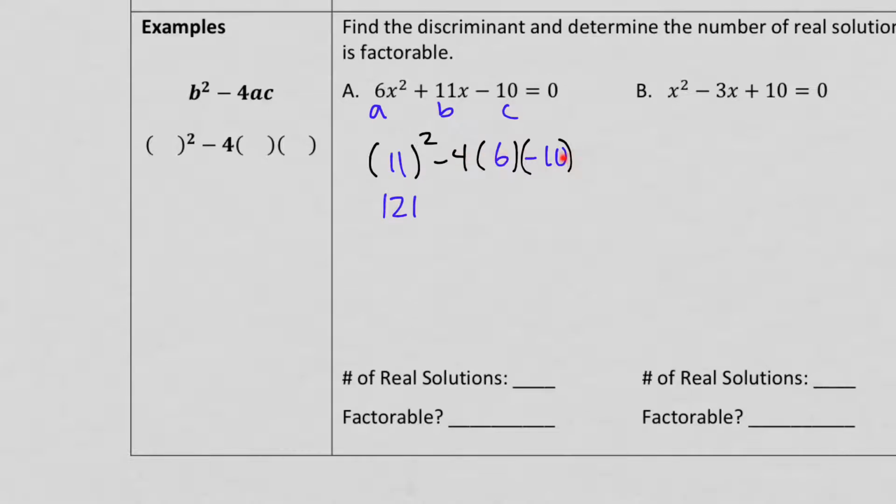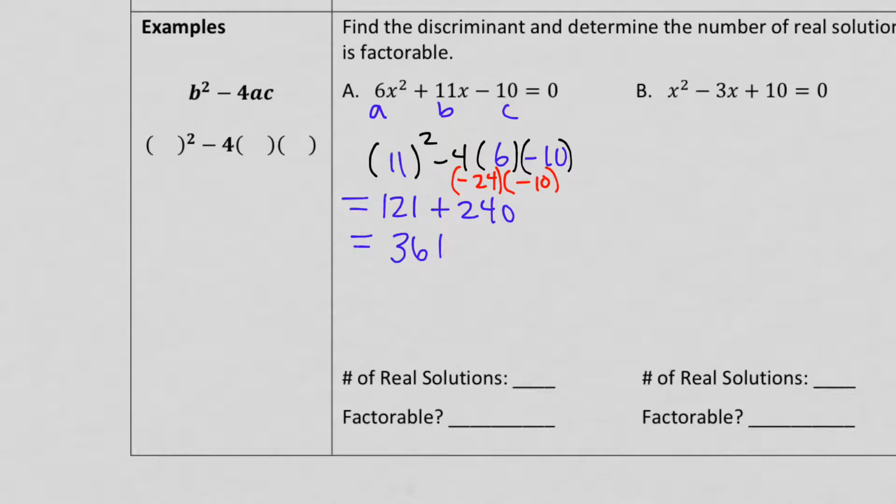And then all of this multiplied, here you get negative 4 times 6 is negative 24, so I'll put it here smaller, minus 24. And then times a negative 10 will become a positive 240. And then as I finish up here, if I add 121 and 240, I get 361.